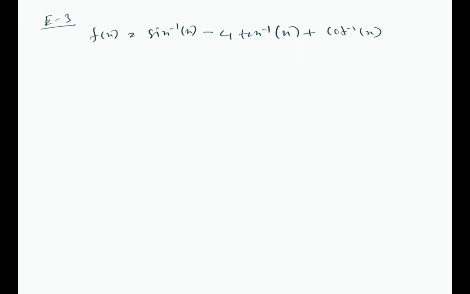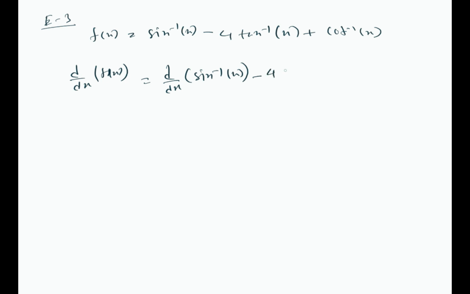Okay, so the derivative of this long expression, d/dx of f(x), is equal to, according to the sum and difference rule, we can take the derivatives separately. So I can write d/dx of inverse sine of x minus, here 4 is a constant multiple, so I can factor it out from the differentiation.